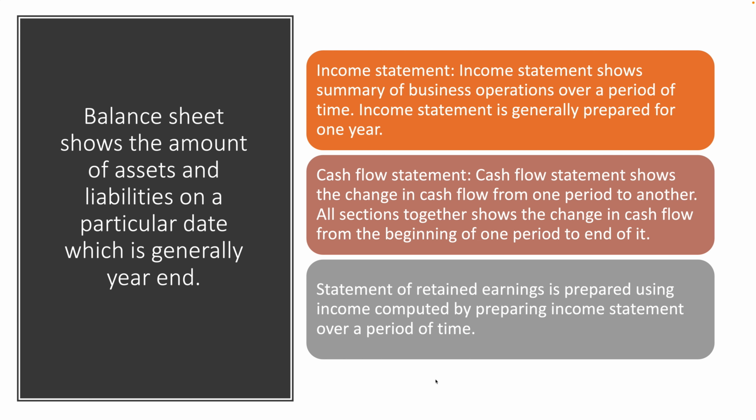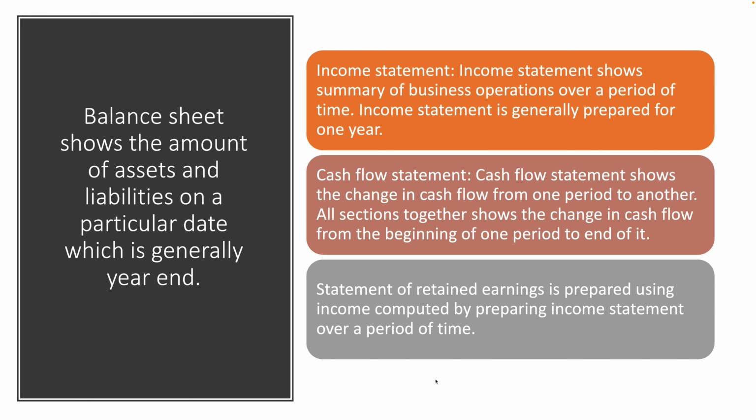Here, the fundamentals: the balance sheet shows the amounts of assets and liabilities as of a particular date, such as year end. It is also called the statement of financial position. It shows balances in assets, liabilities, and equity accounts of the company. An income statement shows a summary of the business operations over a period of time.